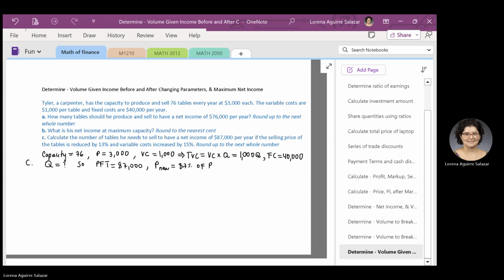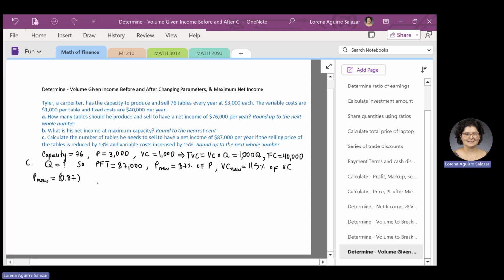Okay. When the selling price is reduced by 13%, that means that the new price is 87% of the old price. And now variable costs increased by 15%. So the new variable costs will be 115% of what we had for variable costs. So now we have 87% as a decimal multiplied by 3,000.